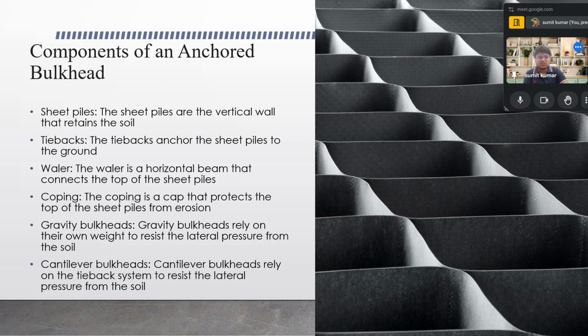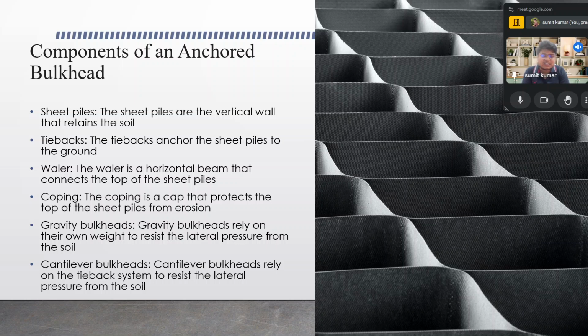also plays an important role. When we talk about the components, some components must be there in the anchor bulkhead. The first component is the sheet piles. The sheet piles are vertical slabs that retain the soil. We have read about sheet piles and developed the understanding that they sustain the soil mass and sustain the water in different aspects.